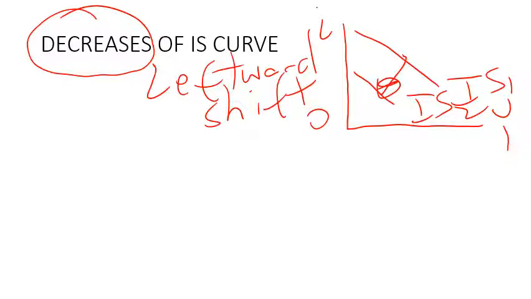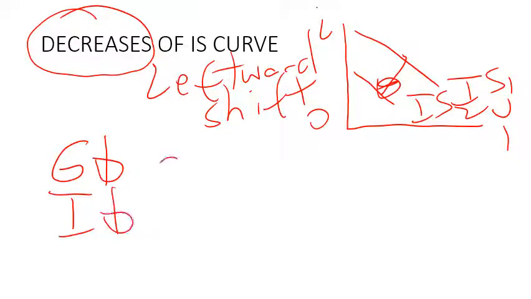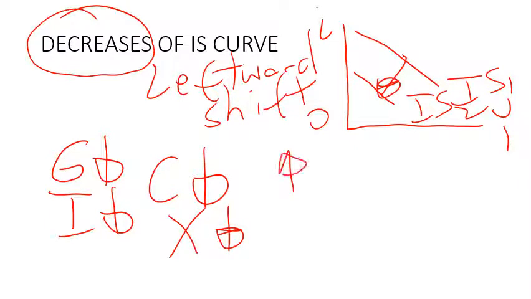So what decreases the IS curve? What shifts it leftward? A decrease in G, a decrease in I, a decrease in C, a decrease in X, an increase in the personal income tax rate, a decrease in the marginal propensity to consume out of disposable income.